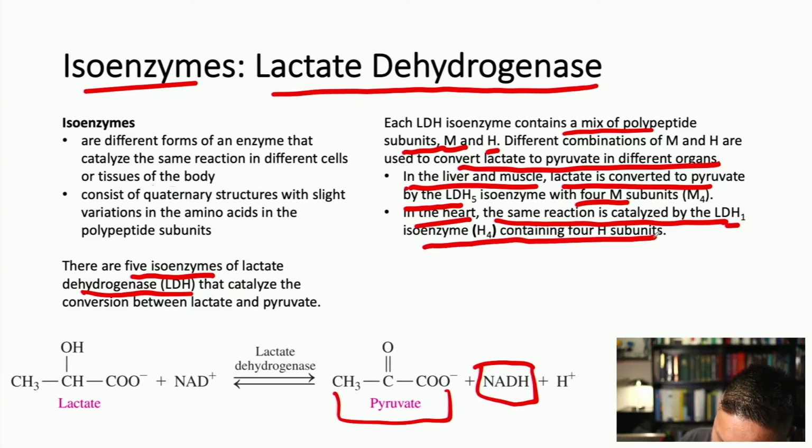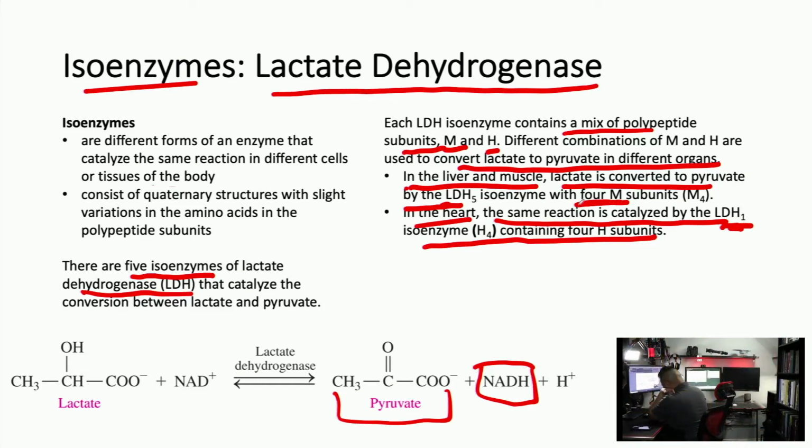So the difference between LDH1, lactate dehydrogenase 1, and LDH5, lactate dehydrogenase 5, is that LDH5 has 4 M subunits, whereas its isozyme LDH1 has 4 H subunits. And we'll take a closer look at that in just a second.